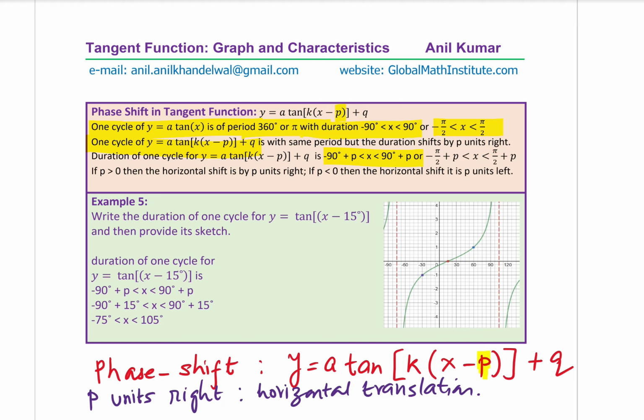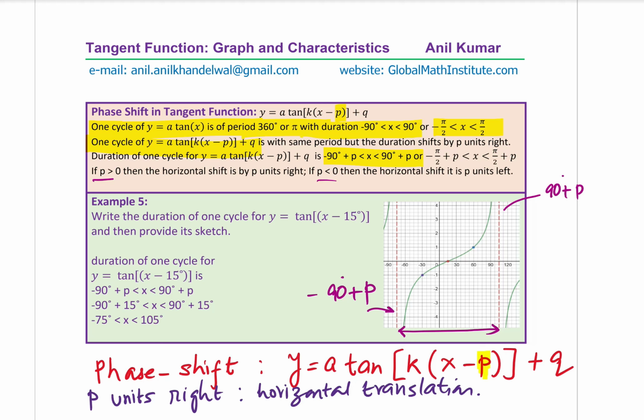If the only transformation is this, with a equal to 1, the vertical asymptotes will be at minus 90 plus p and 90 plus p. Basically, the whole cycle shifts by p units to the right. That is when p is greater than 0. If it is less than 0, it shifts to the other side.